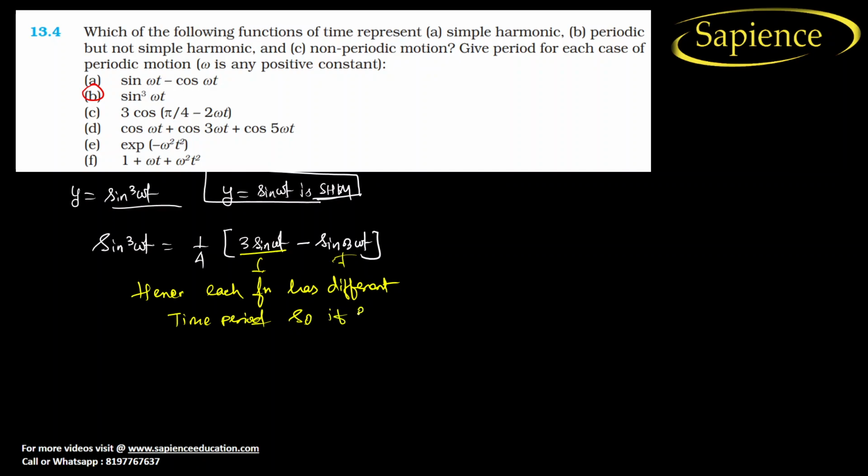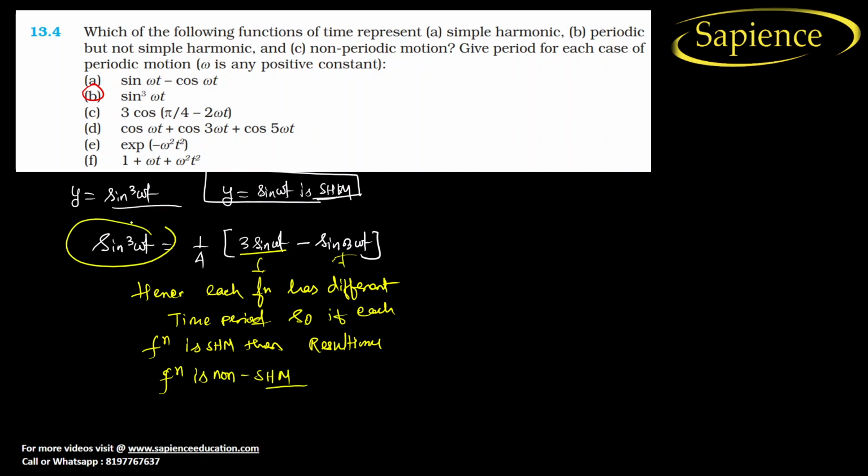Each function is S.H.M, but the resultant function is non-S.H.M because it has different time periods. So that's why it is not S.H.M. But it is periodic motion because the motion will repeat.